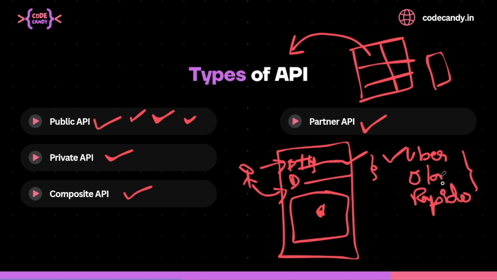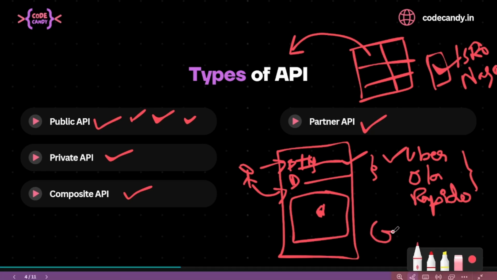Are Uber, Ola, Rapido, these companies, maintaining any individual satellites? No, right? Everything is handled by ISRO and NASA. They are maintaining these coordinates, be it weather or these satellite details. Google Maps API, I think you all know by now.